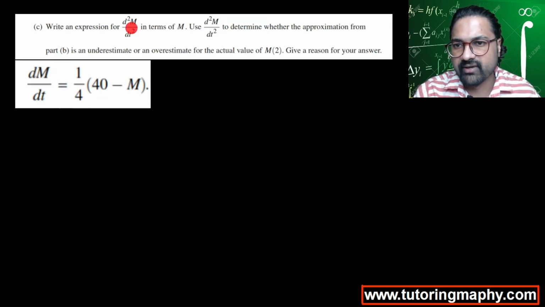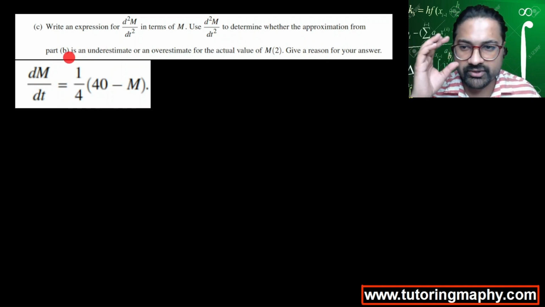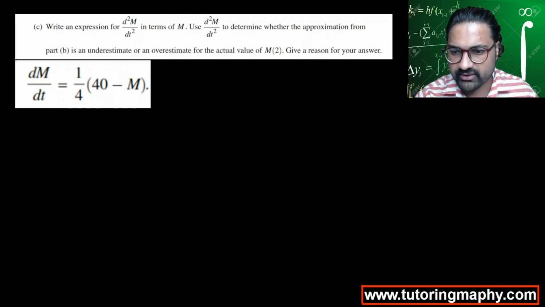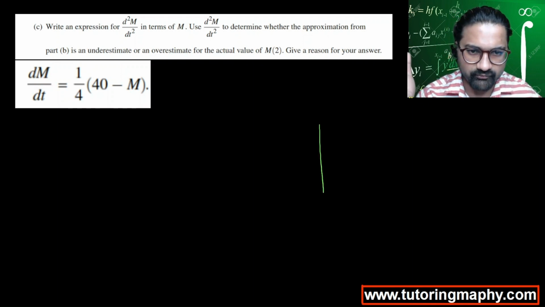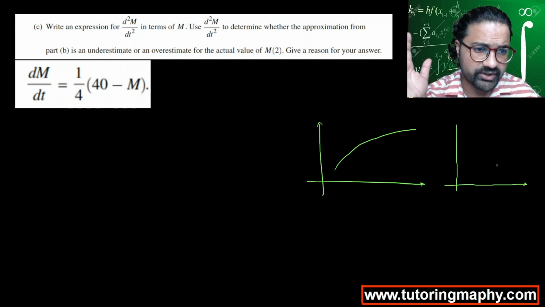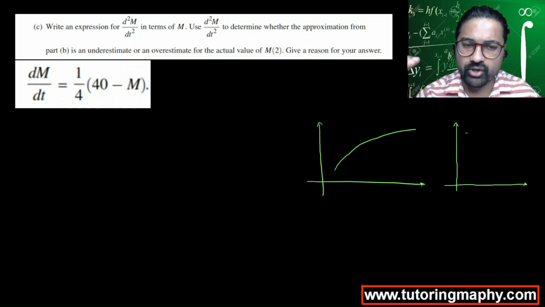Here they are asking us the value of the second derivative of m with respect to t, and to use this to determine whether the approximation of the last question is an underestimation or an overestimation for the value of m of 2. So we should know this, that whenever you draw a tangent line anywhere, there can be two situations: either the function is concave down or the function is concave up.